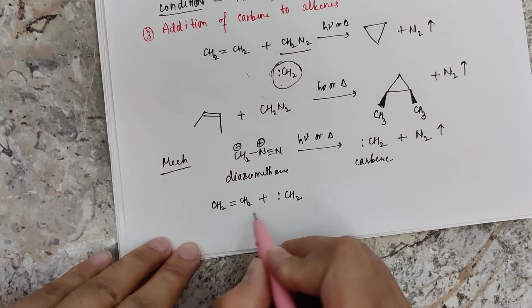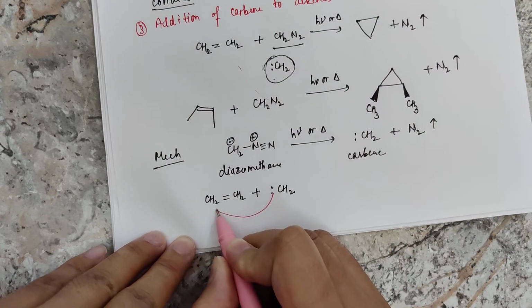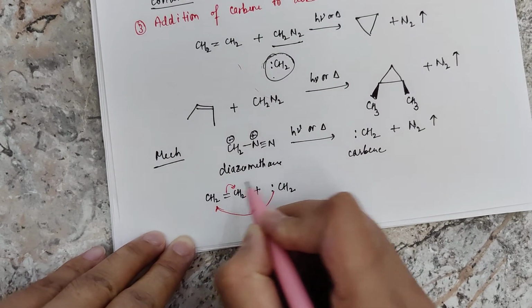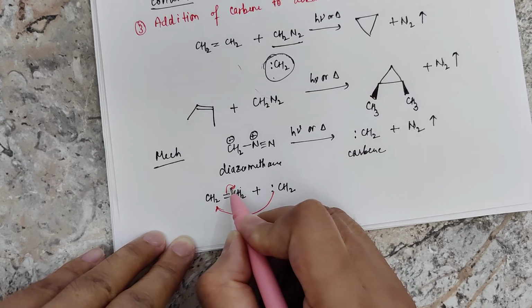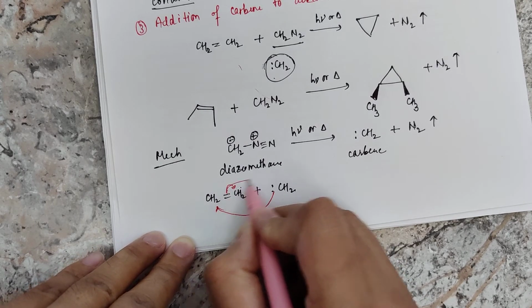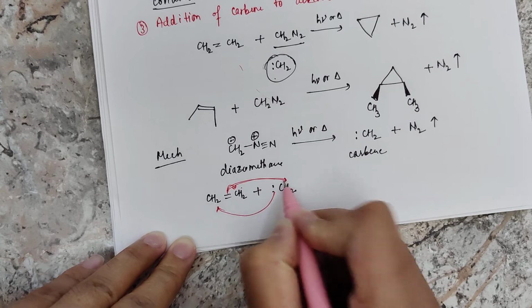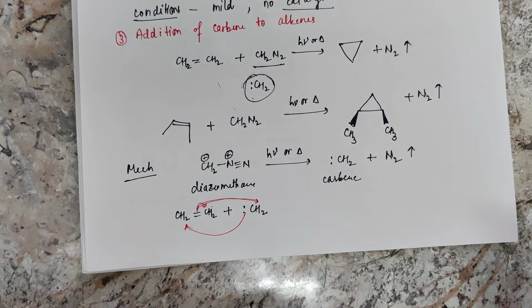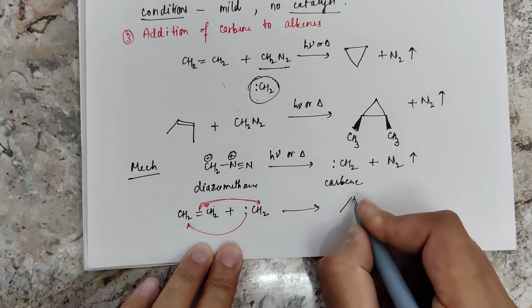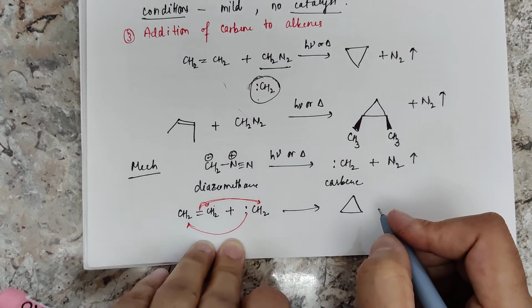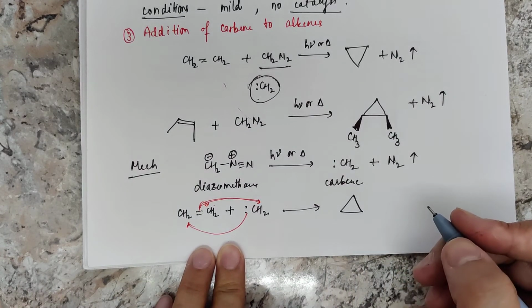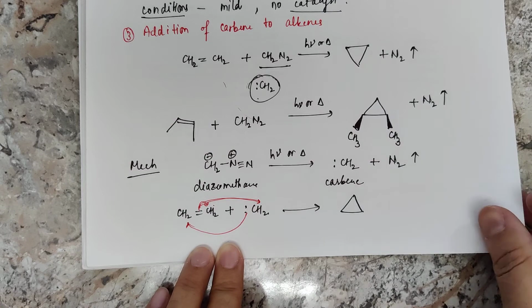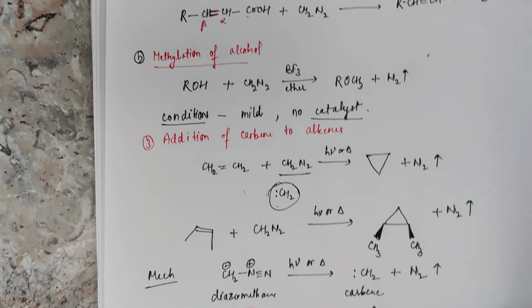This being a reactive species, it will attack on one of the carbon on a double bond इधर, and you can simply write कि ये इधर अटैक हो जाएगा. तो आपका प्रोडक्ट बन गया साइक्लोप्रोपीन. ठीक है, दिस वाज द थर्ड रिएक्शन.